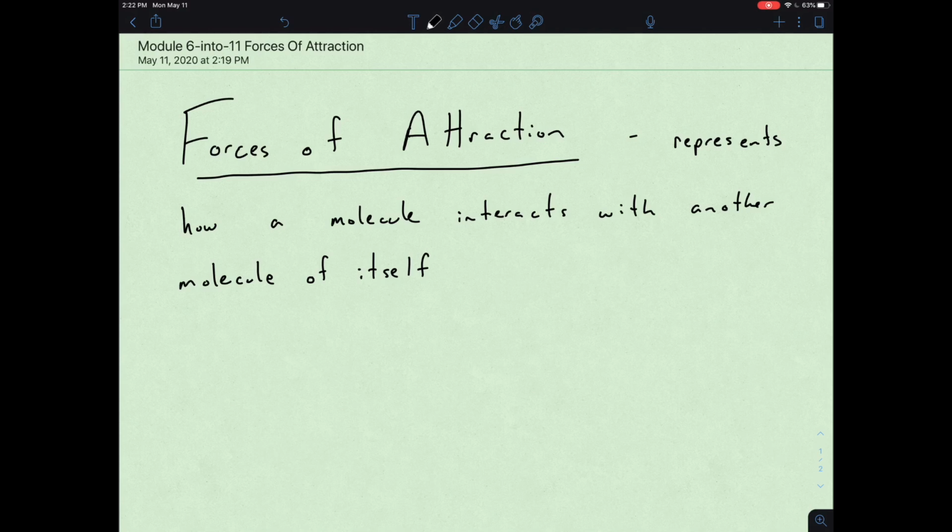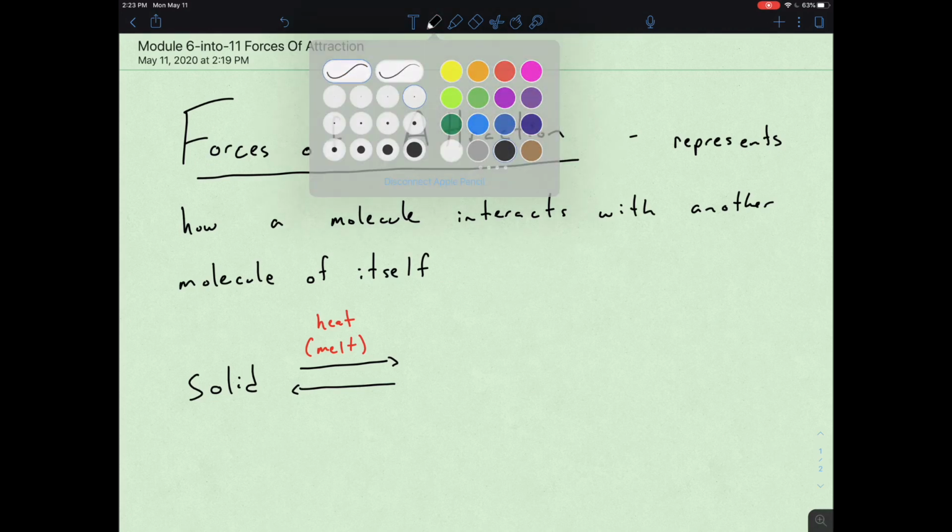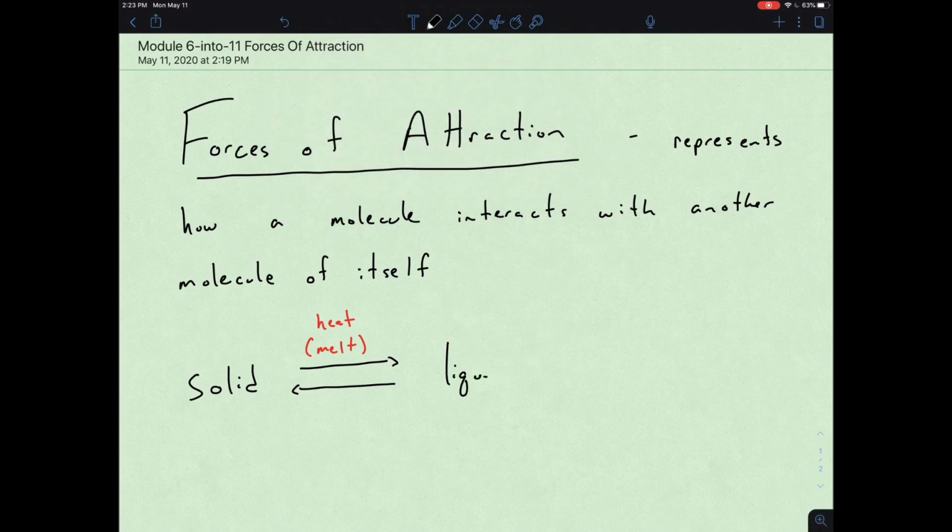And that kind of comes back to the notion of the phases that we actually see. We have a solid phase, and if we're going from left to right, we could heat that up and melt a solid to a liquid.